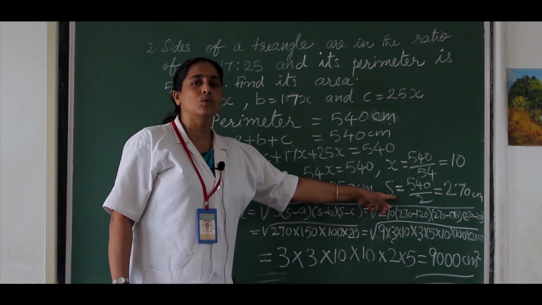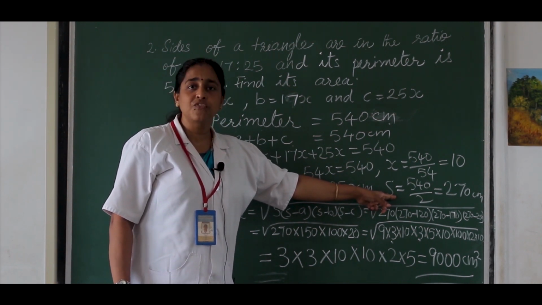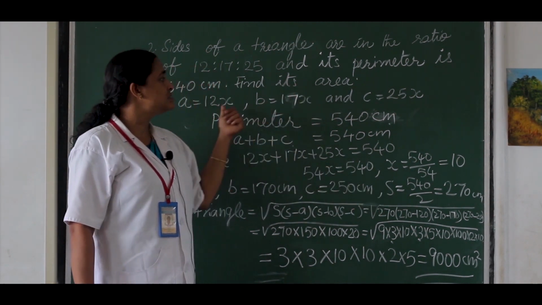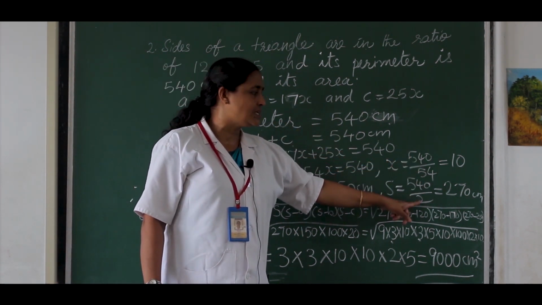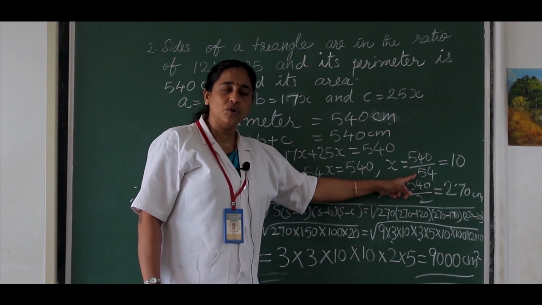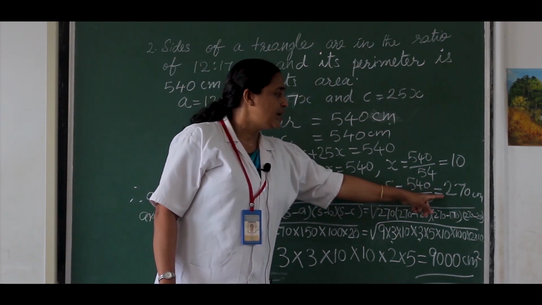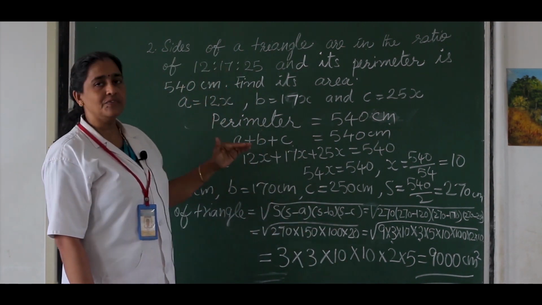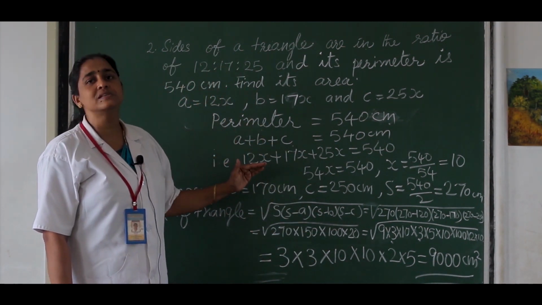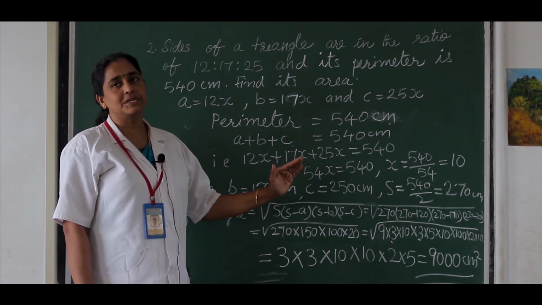And we can find S. S is half of the perimeter. The perimeter is directly given in the question, so we can easily find it. That is 540 divided by 2, it is 270 centimeter. So we got the measurements of the three sides and half of the perimeter.